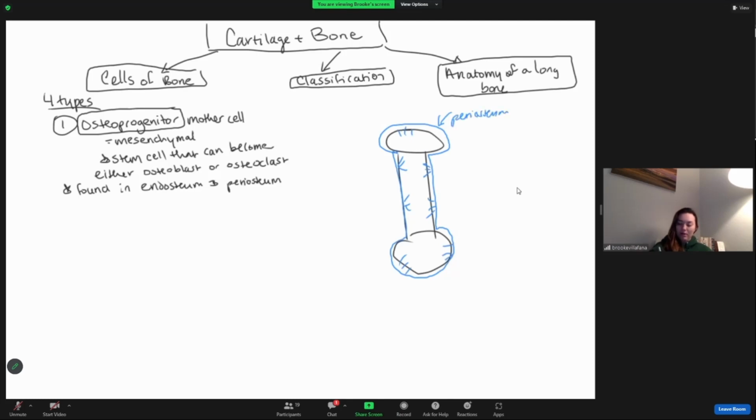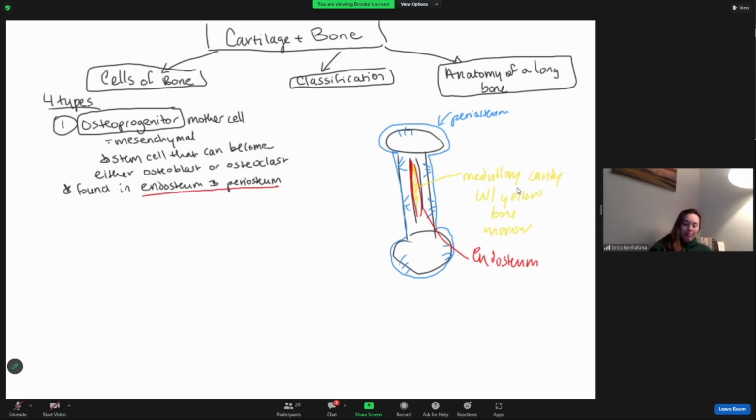And then we also said that there was a medullary cavity that lines the inside, and it has fat, right? This has yellow bone marrow, which is just fat. And lining that is the endosteum. I'll do that in red here. So this is the endosteum, and that also has osteoprogenitor cells. Those are the 2 locations for osteoprogenitor cells.